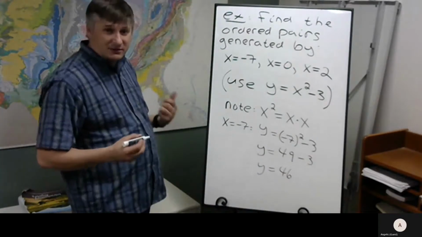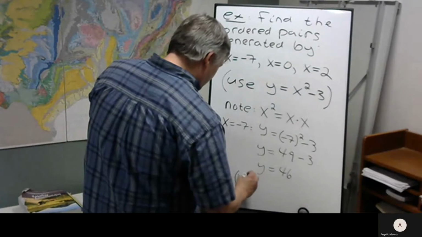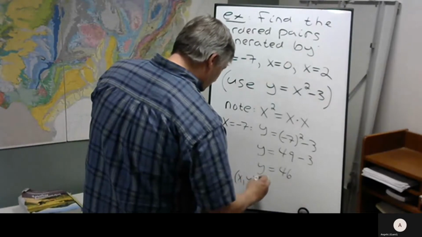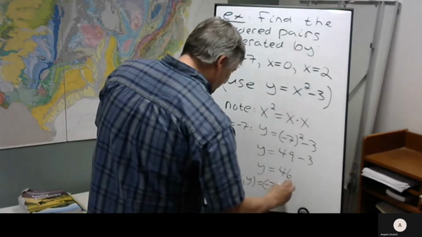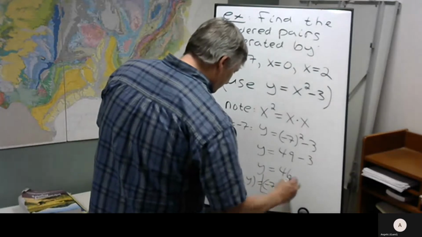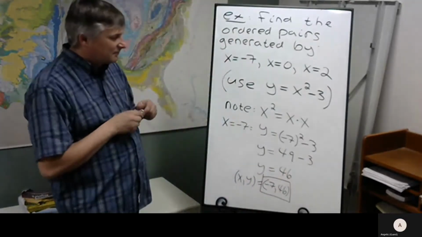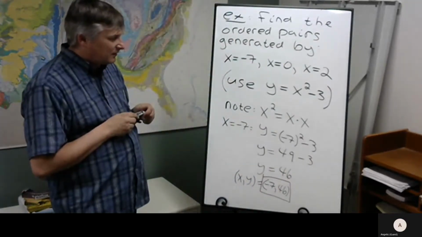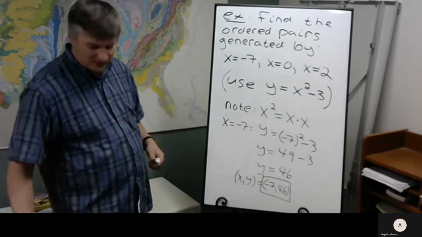So for this, when x is -7, y is 46. So we have an ordered pair of -7, 46. So there's our first ordered pair.